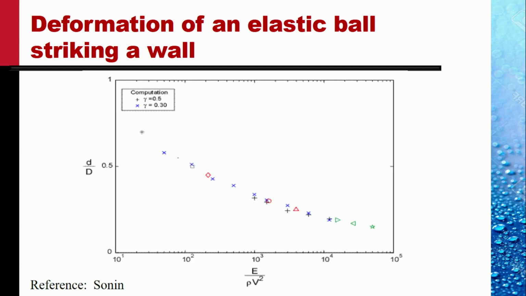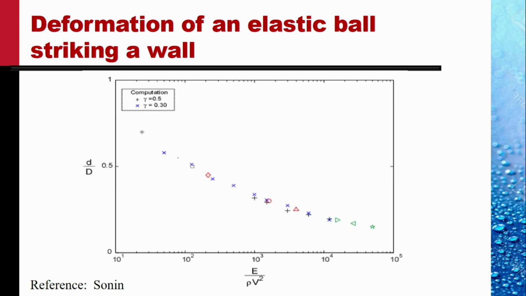We plotted d by d versus E by rho v square. And there is only one line, independent of the material, independent of nu, independent of d, independent of E, independent of rho. And this confirms that the analysis that we did is all right.